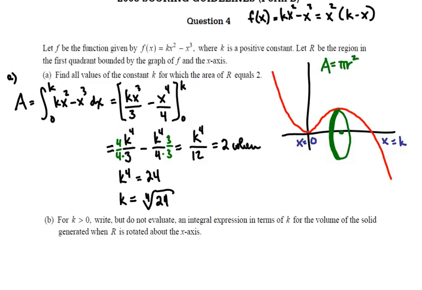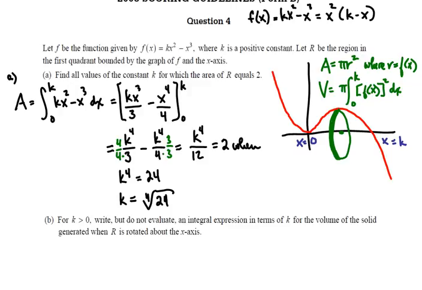We start with finding the surface area of that disk, and it's pi r squared, where r is equal to f of x. And so the volume would be the integral of that area times the small change in x, dx, integrated from 0 to k.